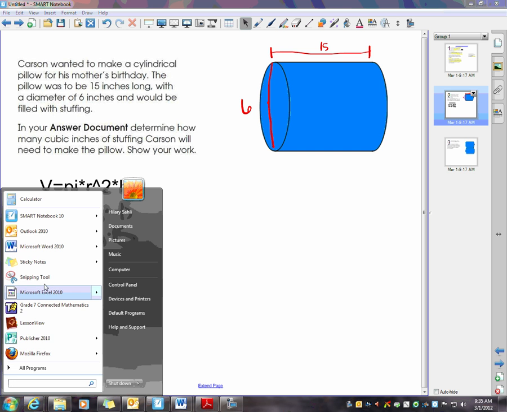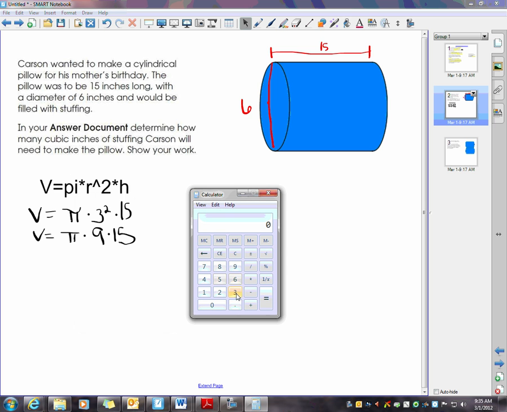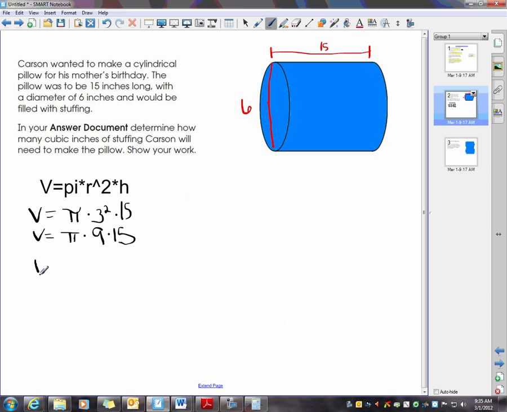And then I am going to pull up a calculator. On this calculator, I do not have a pi button. I'm going to multiply 9 times 15, and if I do that, I get 135. So volume is equal to pi times 135.